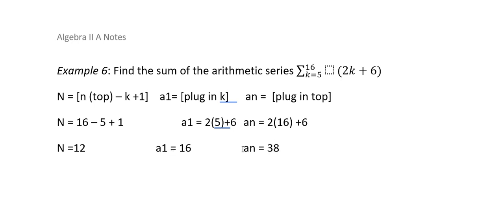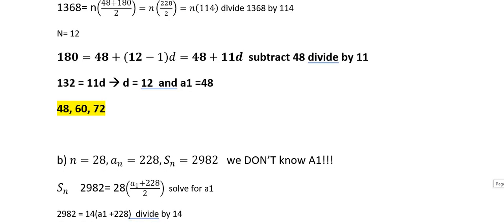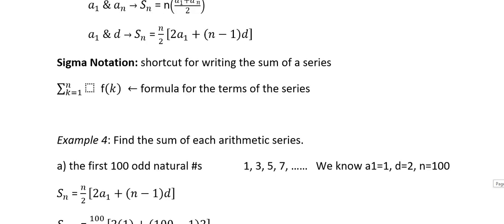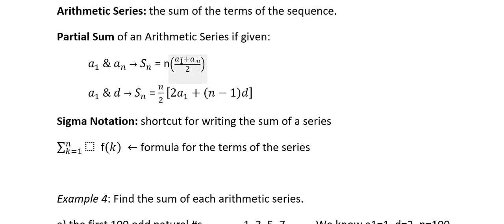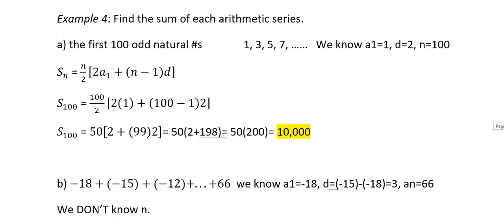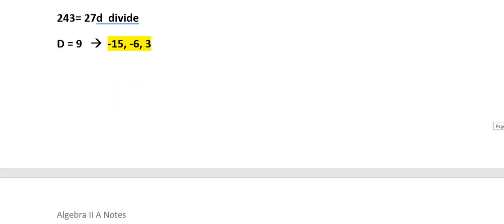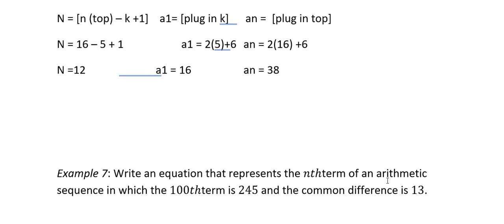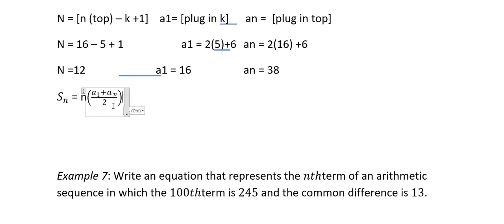If I have a sub n, I have a sub 1, and I have n, we can come back up here and find the summation using a sub 1, a sub n, and n. I can use this nice little equation once I've interpreted it to find the sum.